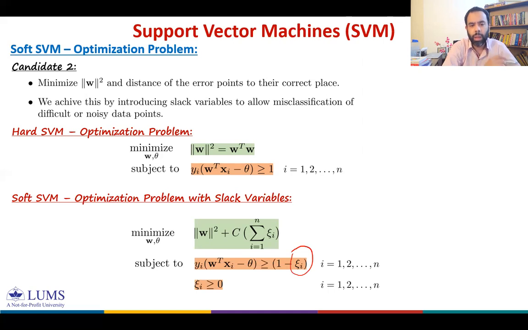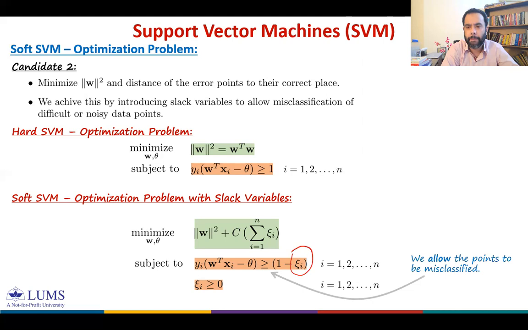That means the boundary is now flexible. I have added flexibility to the boundary. So we allow the points to be misclassified. If we connect with hard SVM, we require y_i (w^T x_i - theta) greater than or equal to 1, plus plane, minus plane.